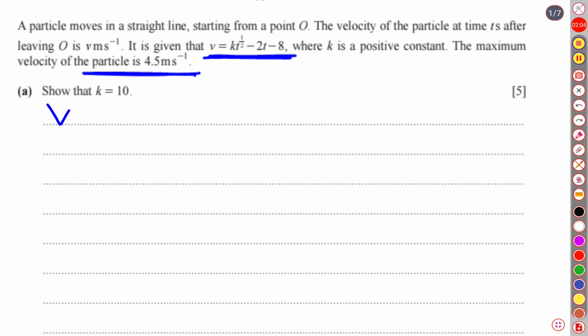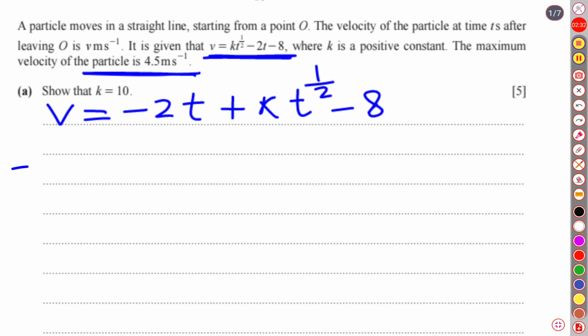Velocity is given: v is equal to kt. We can arrange in ascending or descending order: minus 2t plus k t raised to half, t raised to half minus 8.